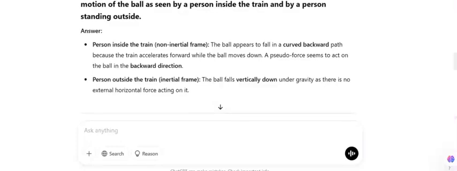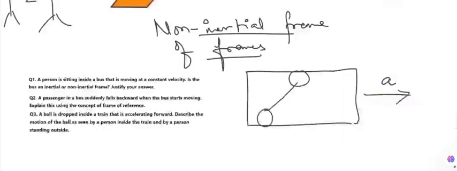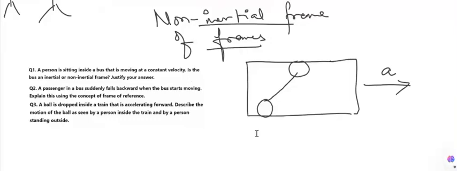Whereas, if the ball is seen from inside the train, it appears to be falling in a curved backward path because the train accelerates forward while the ball moves down. So a pseudo force seems to be acting on the ball in the backward direction. Clear? Yes, ma'am. So this is what is given over there.